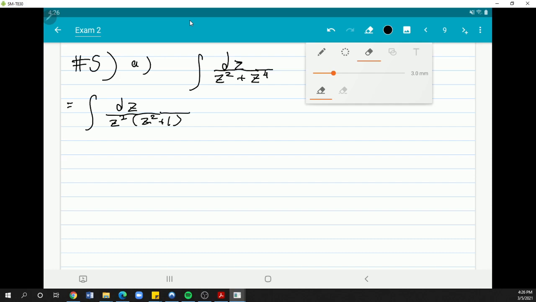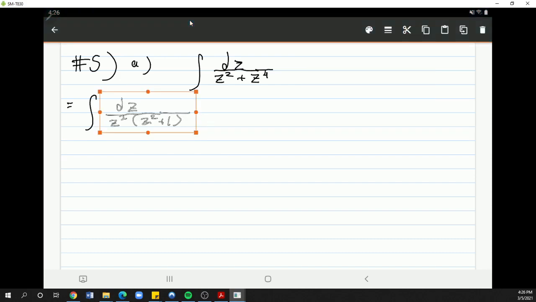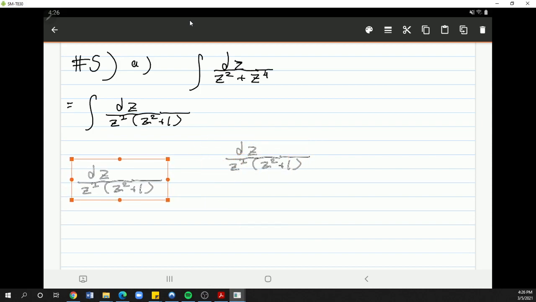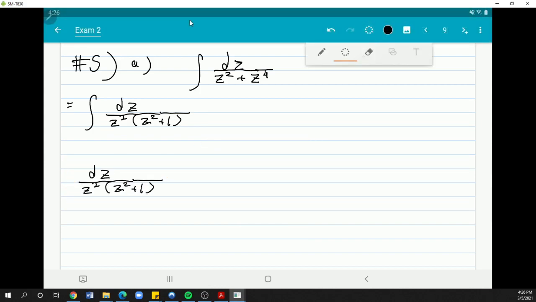So you take this thing and copy it down. I can change this dz to a 1 and say this is equal to a over z plus b over z squared plus, and now here's where I need the fact that z squared plus 1 is a simple quadratic.